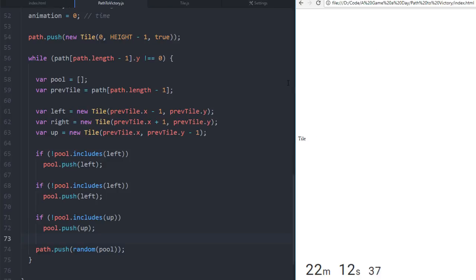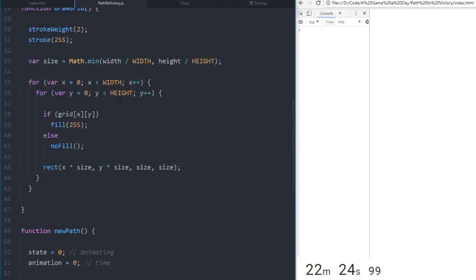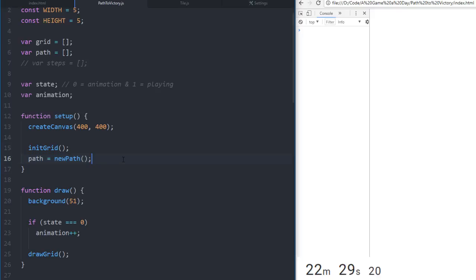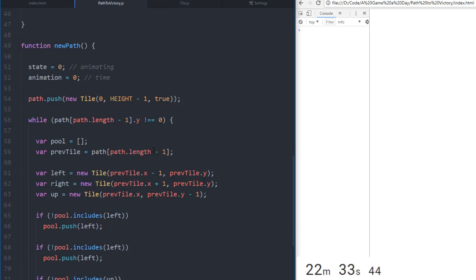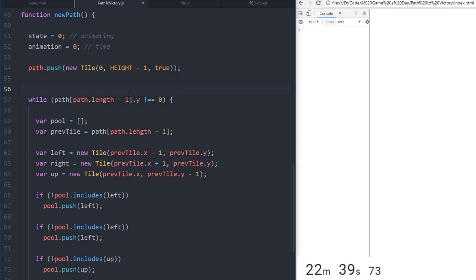Cool. Well, no. Yes. Awesome. Okay. Tile. Oh. Right. I accidentally hit control, I guess. So we don't have any errors somehow. Oh. I guess it's path. Okay, let's try this for now.